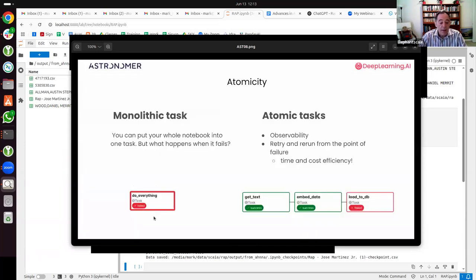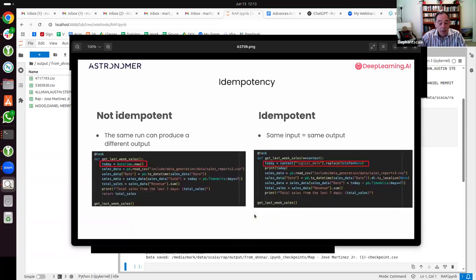Okay. Then let's talk about what is atomicity. Here you don't go overboard. Don't go too much into very little steps, and that's exactly the same thing you would discuss when you are doing microservices. So that's one. Idempotent, one example of not idempotent. If you're getting the time right now, that probably is not idempotent because it will give you the result right now.